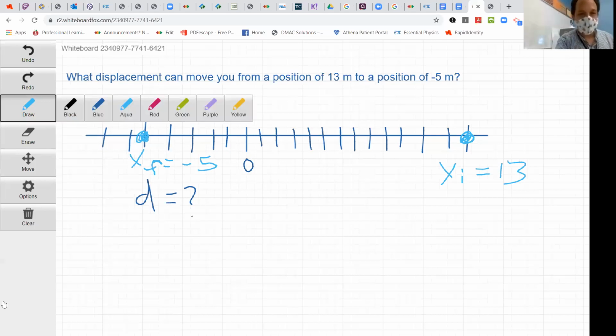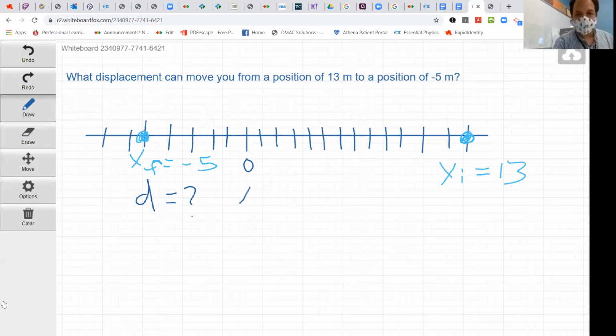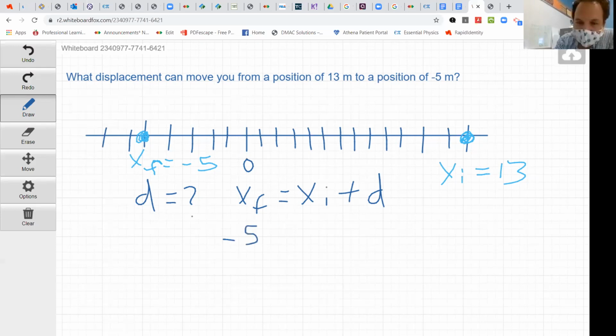So if we look at our formula, you can look at it two ways. You could plug in the numbers and then solve for D, or you can go the other way. So let's plug in the numbers. XF is -5, XI is 13.